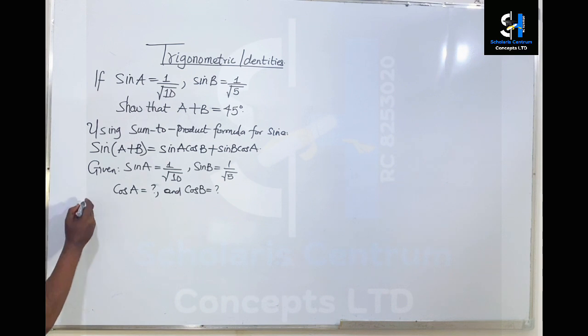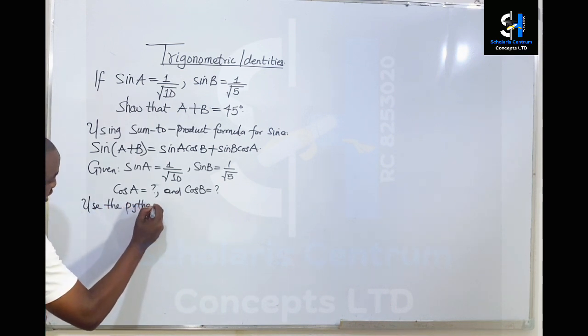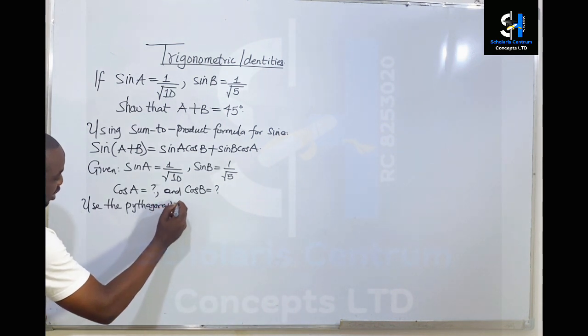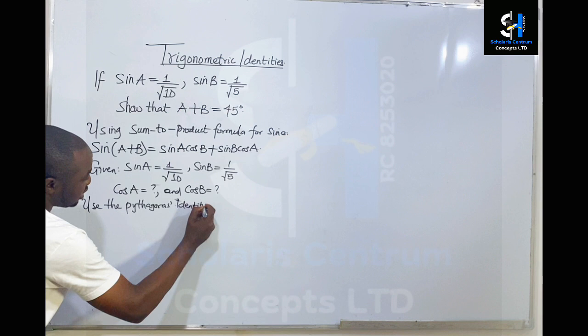We have many Pythagorean identities, so we can now use the Pythagorean identity.